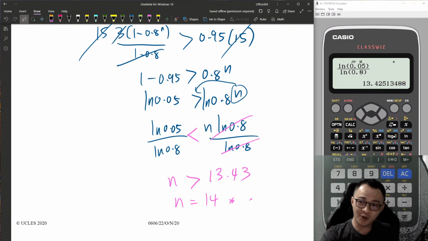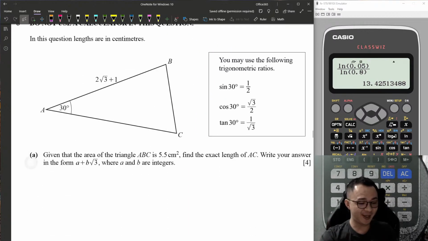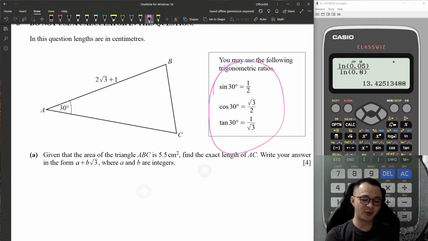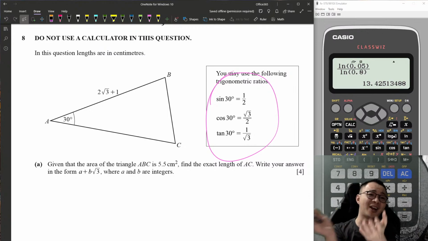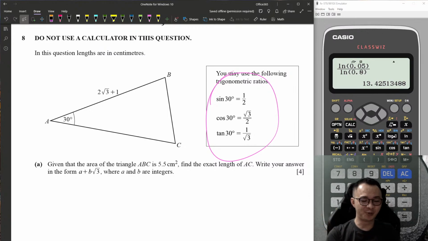Alright, next question, number 8. Solution of triangle. This is very kind because they give you this. You may use the following. Okay, so basically you no need to memorize the two triangles, right? Because last time I always forced my students to memorize the triangle with the 90 degree and 60 degree, and another triangle which is both 45 degree, to get all these values.